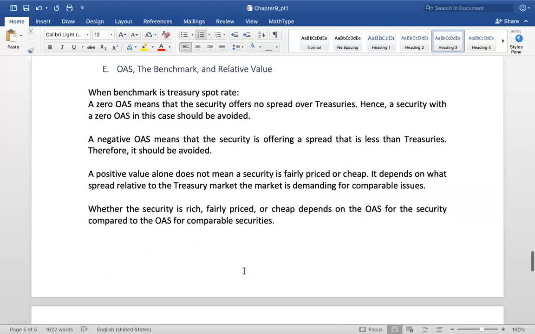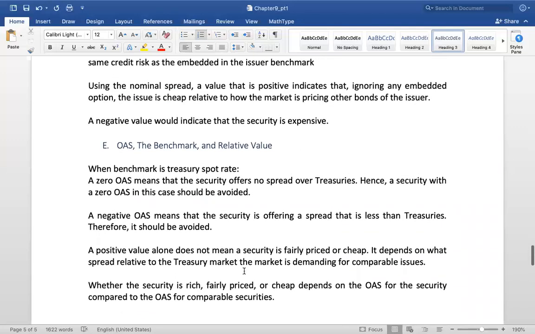In the book you can find the section on OAS benchmark and relative value. What we mean by OAS, option adjusted spread, we have already explained, but let me explain it again. When the benchmark is the treasury spot rate, a zero OAS means that the security offers no spread over treasuries.